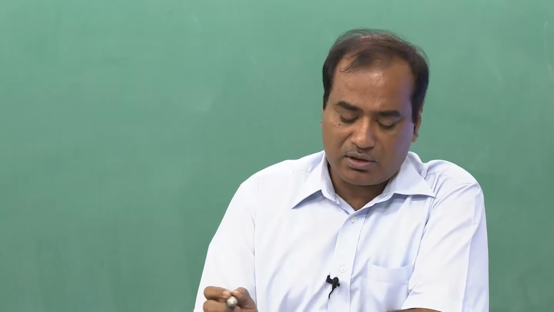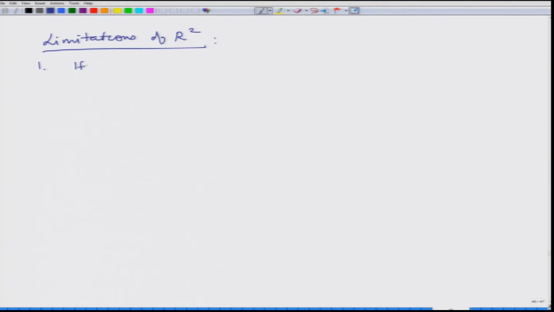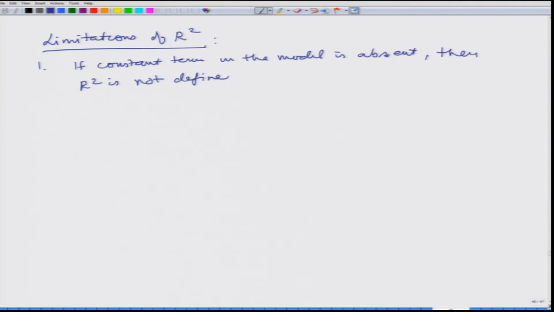The first limitation we have already discussed: if the constant term or the intercept term in the model is absent, then R square is not defined. This can also be shown mathematically, but I am skipping the proof here.